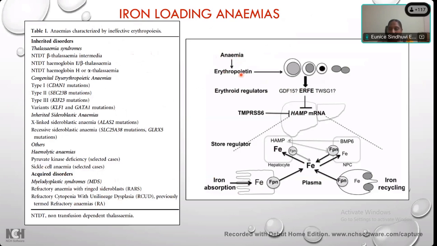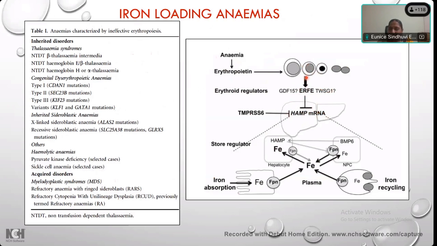When there is anemia, there is increased erythropoietin production and increased erythropoiesis. When erythropoiesis is increased, there is release of GDF15 and TWSG1. These were initially known to suppress hepcidin, but recently it has been identified that erythroferrone, which is also released during erythropoiesis, is the major factor in inhibiting the hepcidin mRNA.